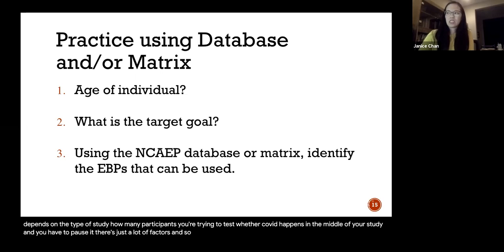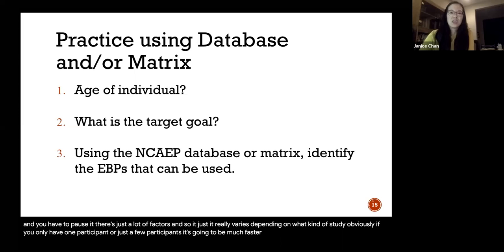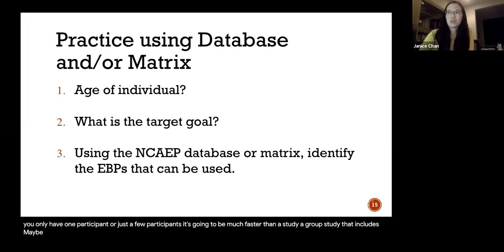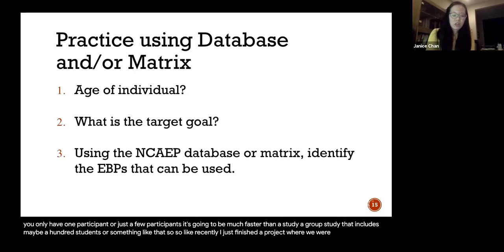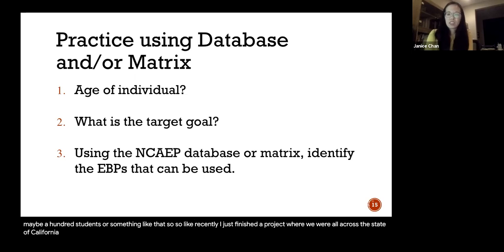It really varies depending on what kind of study. Obviously, if you only have one participant or just a few participants, it's going to be much faster than a group study that includes maybe 100 students. Recently, I just finished a project across the state of California in Sacramento, Los Angeles, and San Diego.